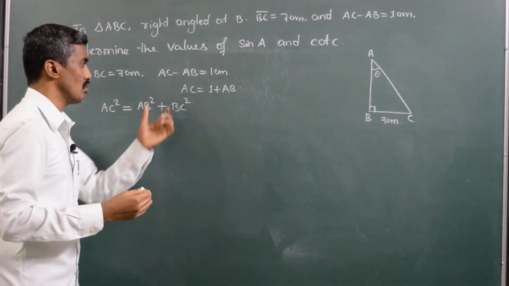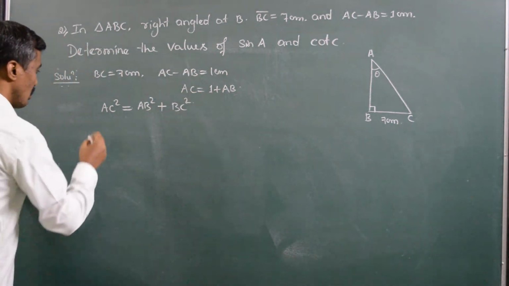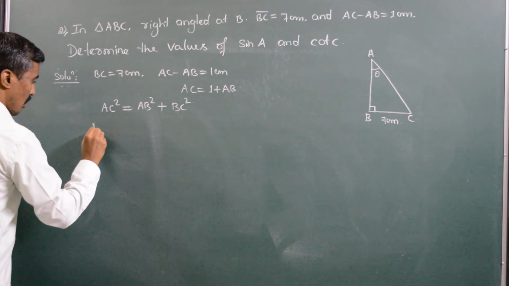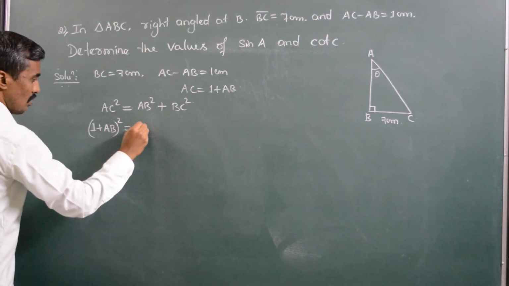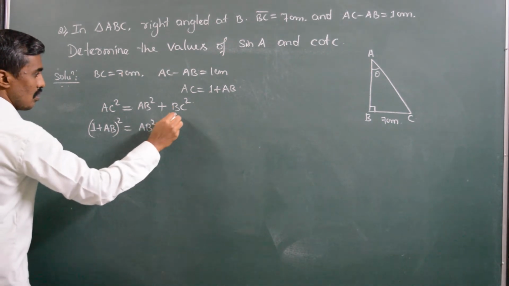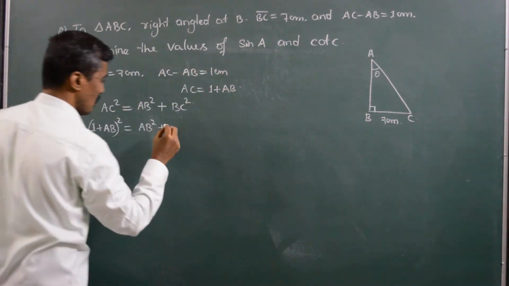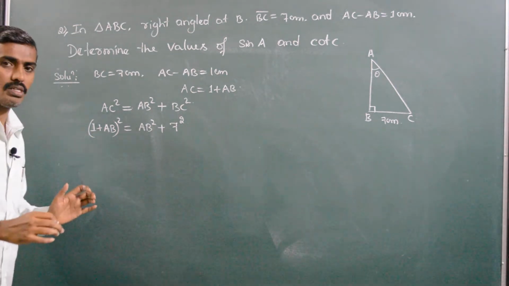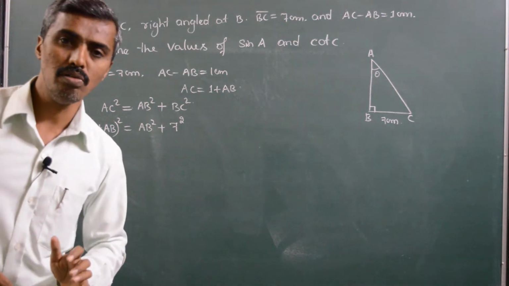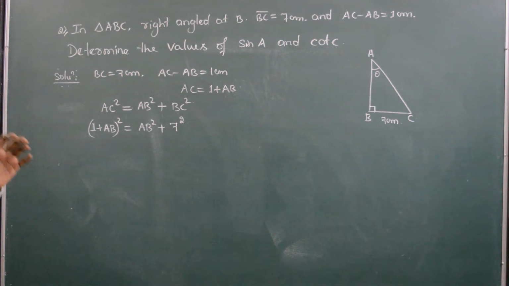Now I will substitute AC as 1 plus AB. So on the left hand side, 1 plus AB whole square is equal to AB square as it is plus, what is BC? BC we know it is 7 centimeter, therefore it is 7 square. Now 1 plus AB whole square is of the form A plus B whole square. We know A plus B whole square is A square plus 2AB plus B square.